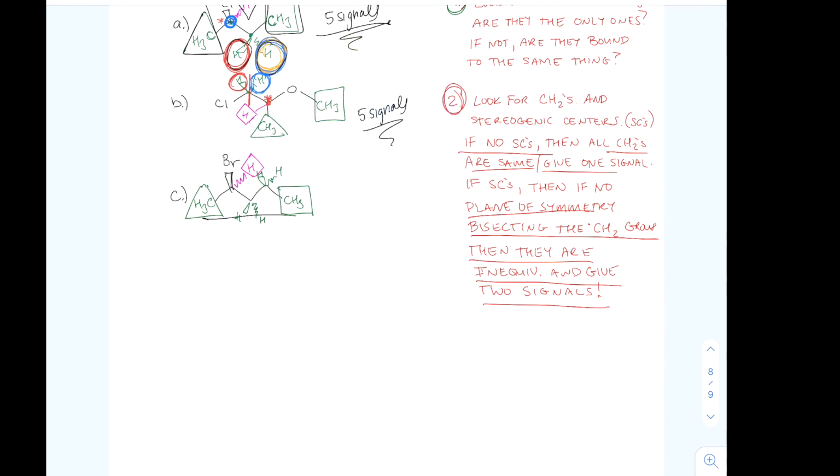Now, if we have a stereogenic center, then we've got to look more closely. There's a stereogenic center there. Okay, so that means if we can slice through here or here and there's no plane of symmetry, then those protons would be diastereotopic.